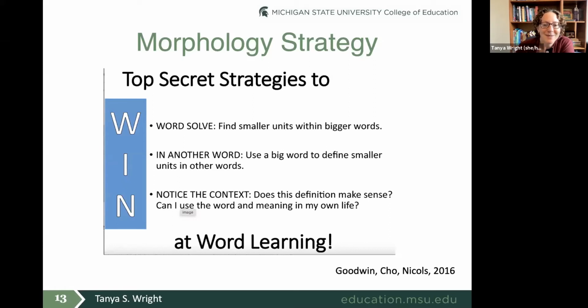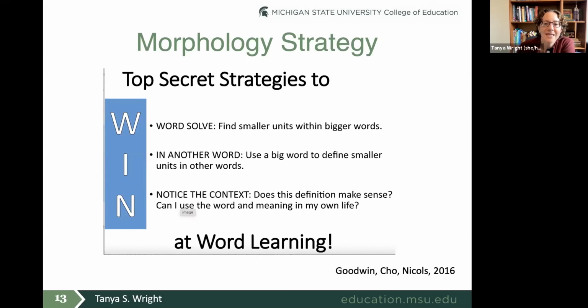So here's one example of a little mnemonic that we can teach kids to help them. It actually aligns very well with the video that we just saw. This is WIN, words solved. First, find smaller units within the bigger words, like that ped in pedestal, right? Then, use a known word to define smaller units in other words.